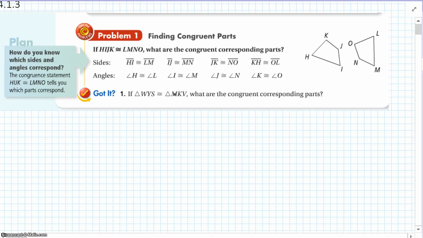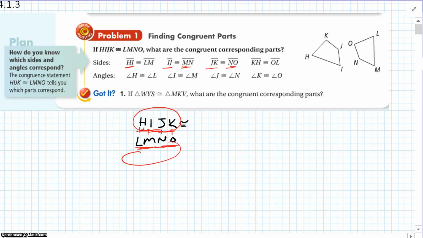Well, here's an easy way to do it. Since we know HIJK is congruent to, right below, LMNO, now what you'll notice is I've got the corresponding parts linked together. So HI should be congruent to LM, IJ should be congruent to MN, JK should be congruent to NO, and KH should be congruent to OL.